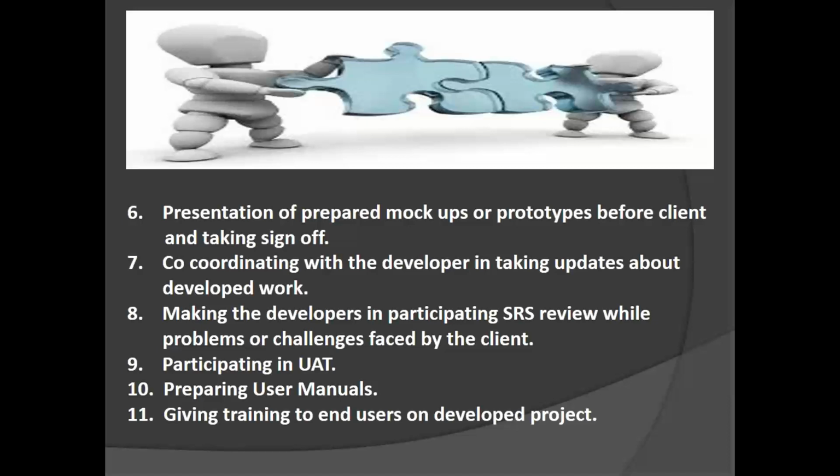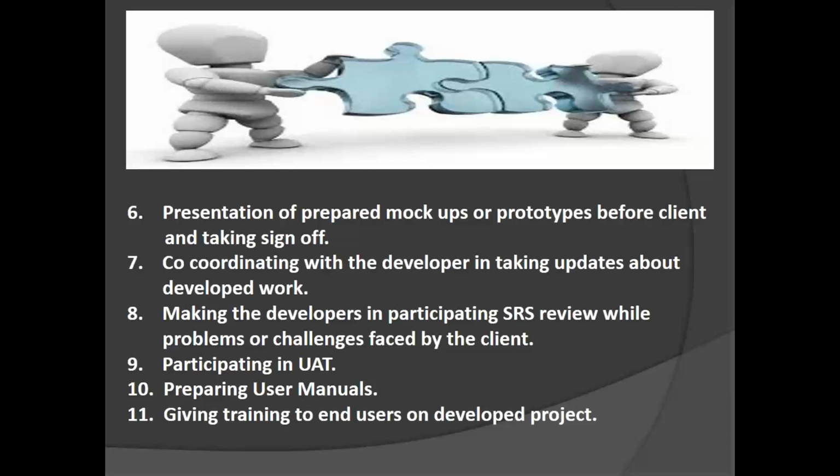Okay. Then coordinating with the developer in taking updates about developed work. Okay. So here, once prototypes and mockups are signed off, then the BA is going to take this signed off SRS documentation and signed off prototypes and mockups and submit them to the development team, and then he will explain what are the different requirements and functionalities that are there in the project.